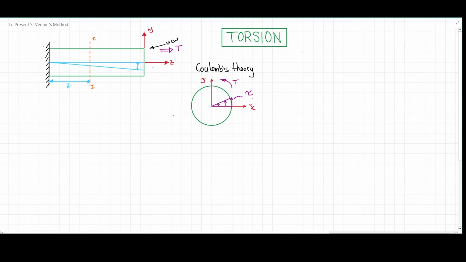The torsion equation was something like this: the torque divided by the polar moment of inertia equals G, which is the shear modulus of the material, the equivalent of the Young modulus in normal stresses, but in shear stresses it is called the shear modulus.